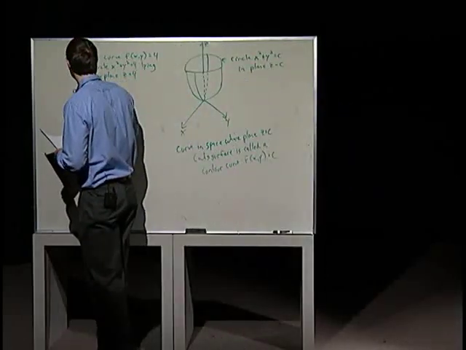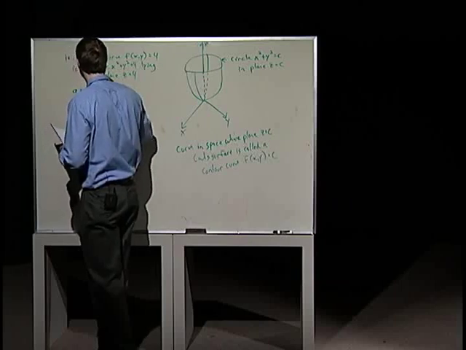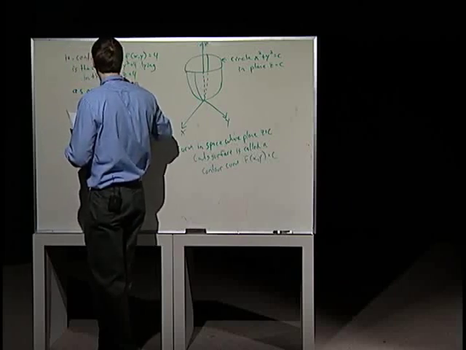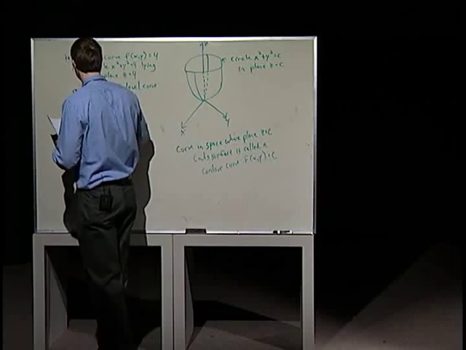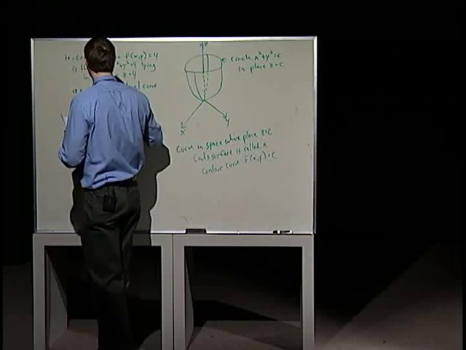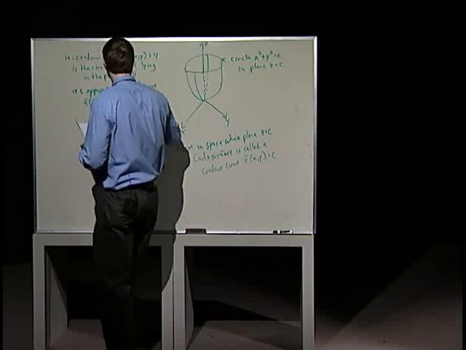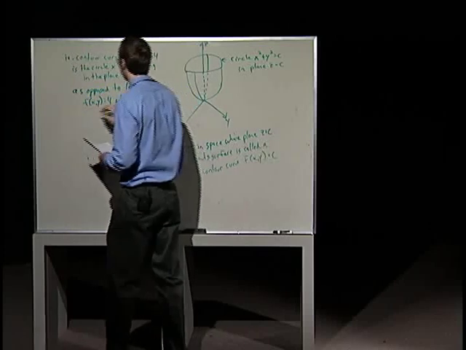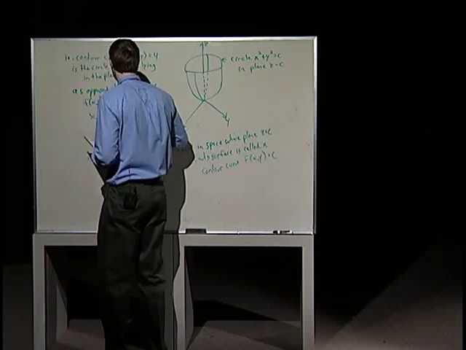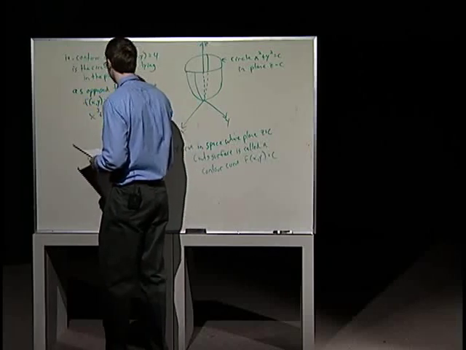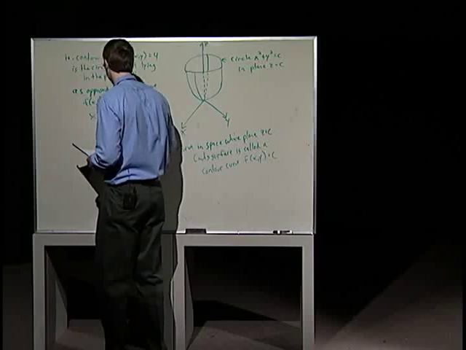As opposed to the level curve, f of x y equals 4, which is the circle x squared plus y squared equals 4 lying in the xy plane.